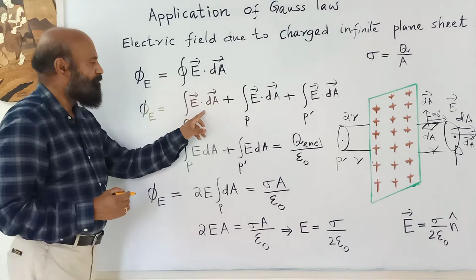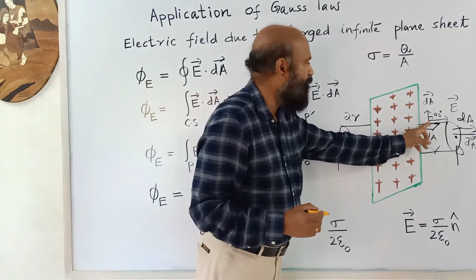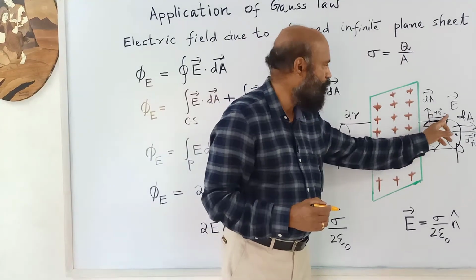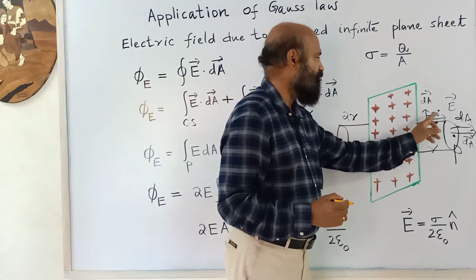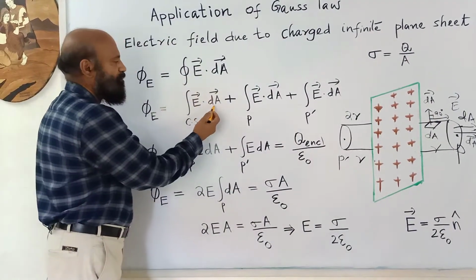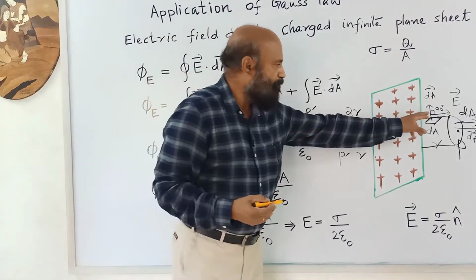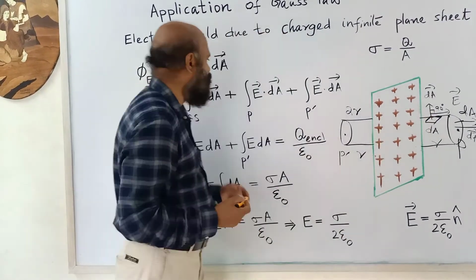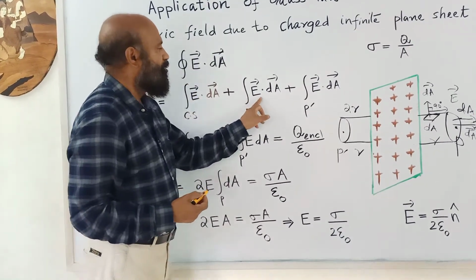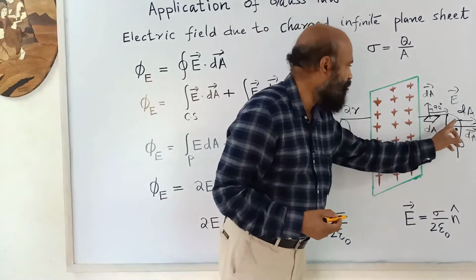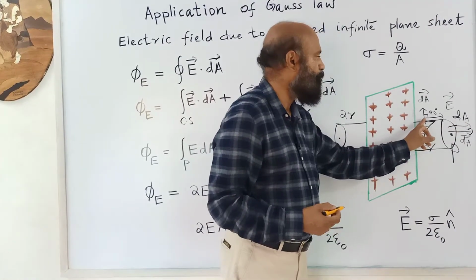The first term is 0 because the angle between the intensity of the field and the area vector is 90 degrees. So E vector dot dA vector is E dA cos theta, but in this case theta is 90 degrees, cos 90 is 0, so this term will be 0. Here E vector is that side, dA vector is also that side, so it is parallel, but on the curved surface it is perpendicular.